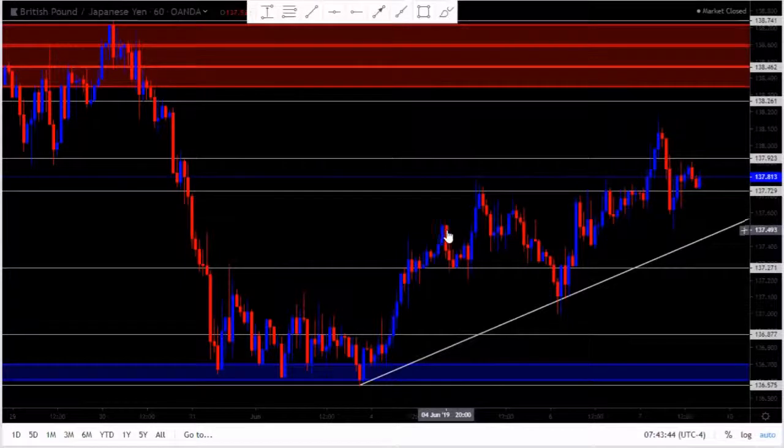Here is one here, but notice it's in the middle of a zone. We're not entering that because you might catch a couple of pips. You have to let this form, and then it retests, and you might get 2 or 3 pips. I'm looking for the big move. I'm not going to waste my time with just 1 or 2 pips.